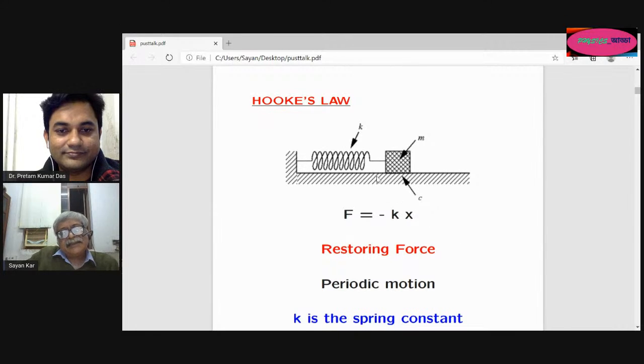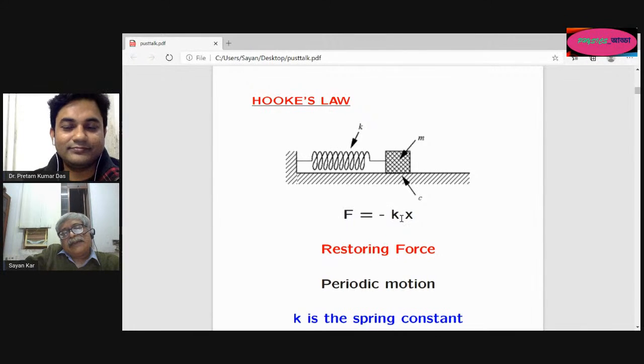So there is a spring, there is a mass over here. There is something called a spring constant, and you write this relation F equal to minus K times X, where X is the displacement from its rest position. K is called the spring constant, and this is what is known as the restoring force.